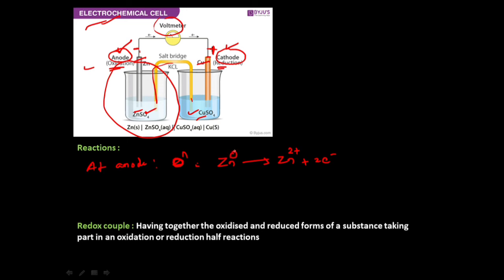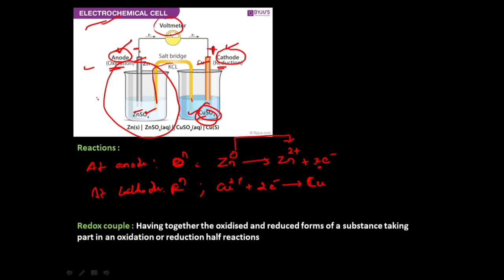Zinc undergoes oxidation from 0 to +2 by losing 2 electrons. At the cathode, reduction occurs. How does reduction occur? There will be Cu2+ ions in the solution that will accept electrons and give copper like this. So this is how reduction occurs.